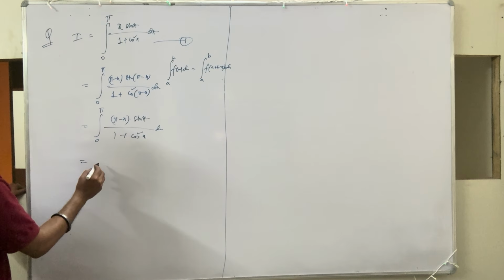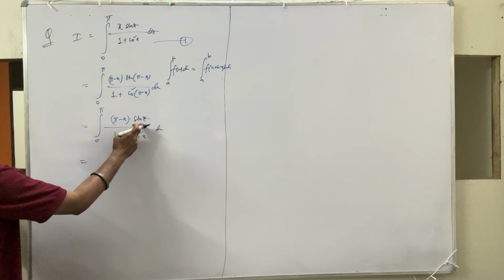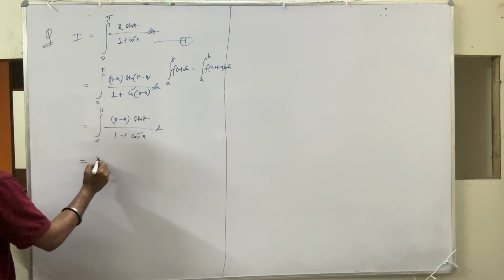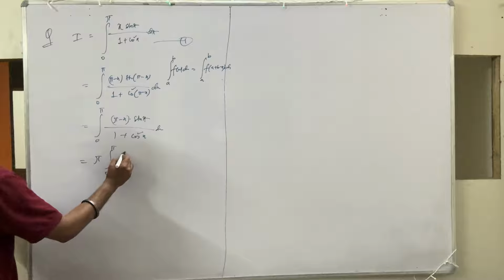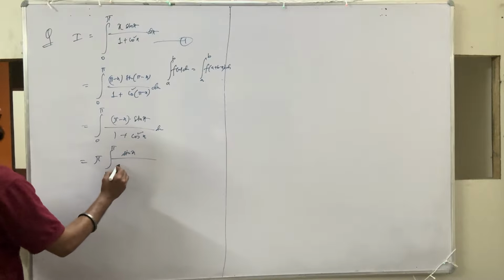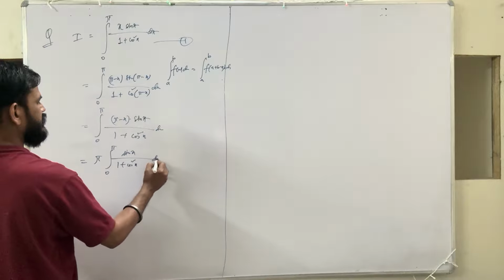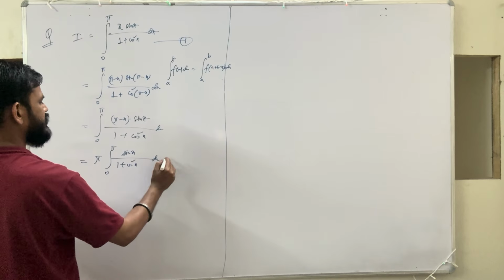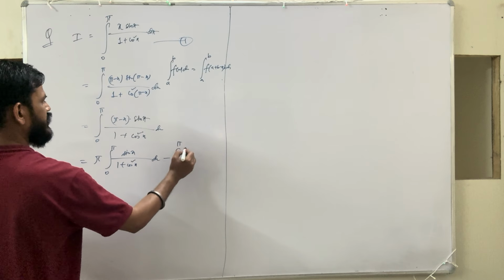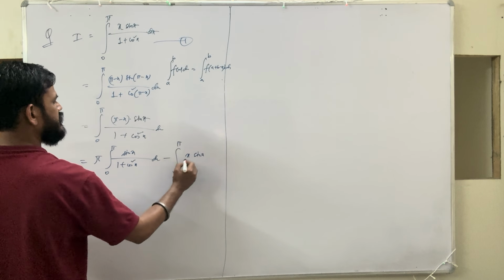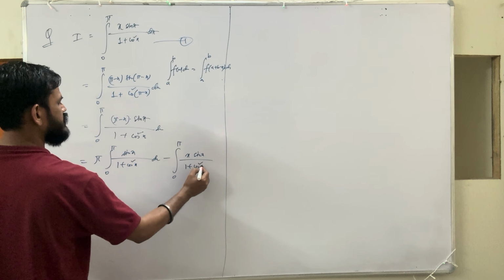Now we can multiply it, so it will become pi integral 0 to pi sin x by 1 plus cos square x dx, and then minus integral 0 to pi x sin x by 1 plus cos square x.